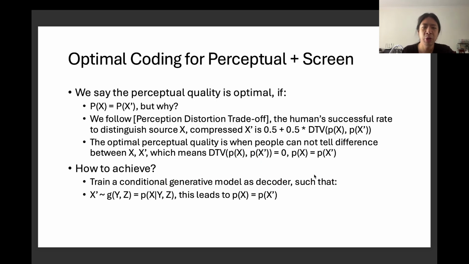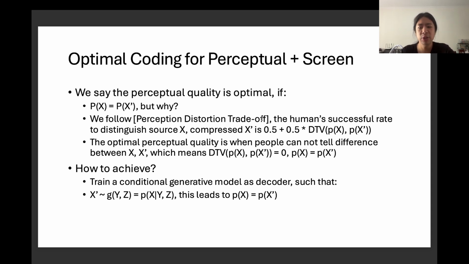So what is the coding rule for perceptual quality and screen contents or machine vision altogether? We use the perceptual quality definition following the perception-distortion trade-off paper, which means that the marginal distribution of x equals the marginal distribution of the reconstruction x hat. But why this definition?